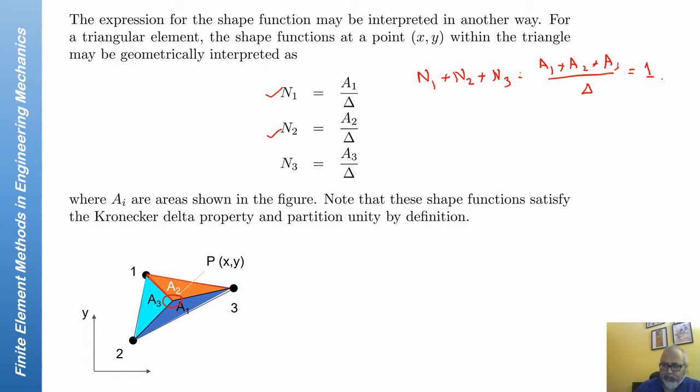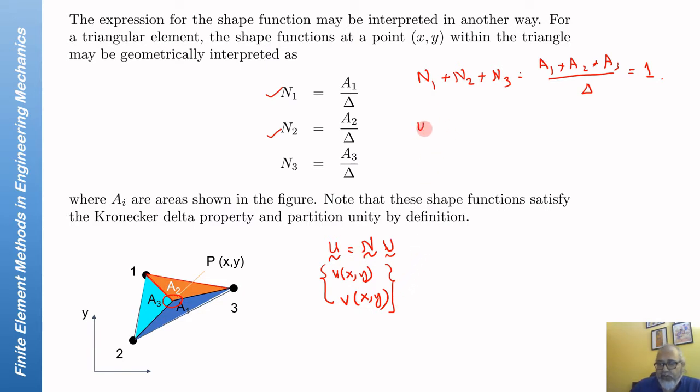Now, if you remember this basic equation where the shape functions interpolate the nodal variables to the field variables at any point. So this is u(x,y) and this is v(x,y). To get u(x,y) and v(x,y) at any point inside the element, you would need the shape functions which will operate on the nodal quantities.